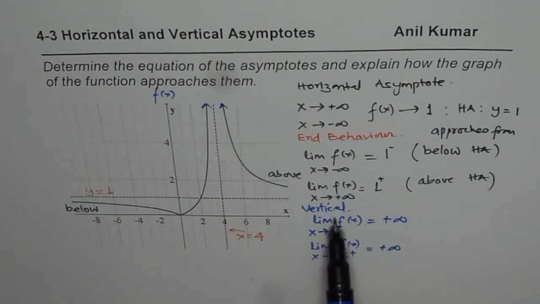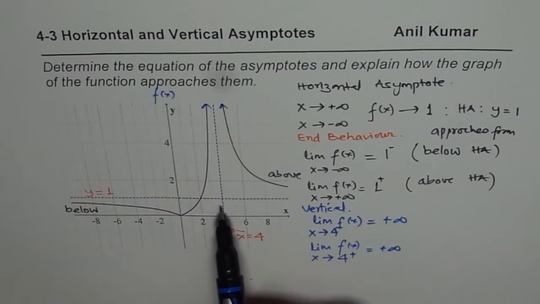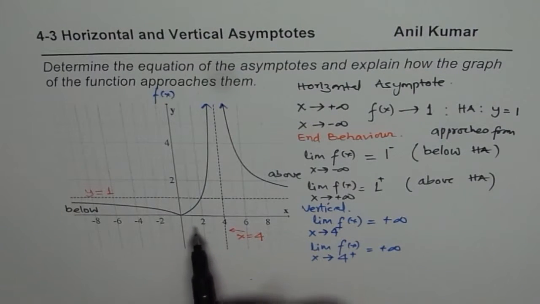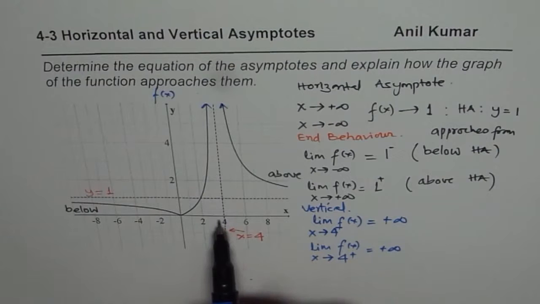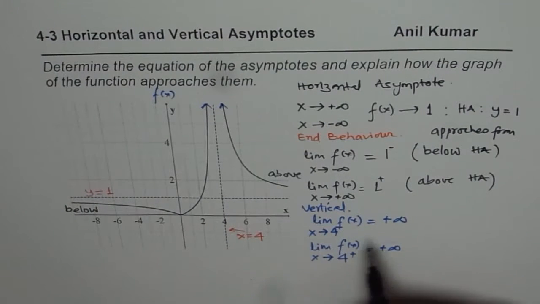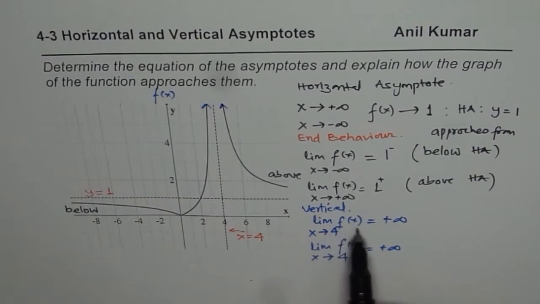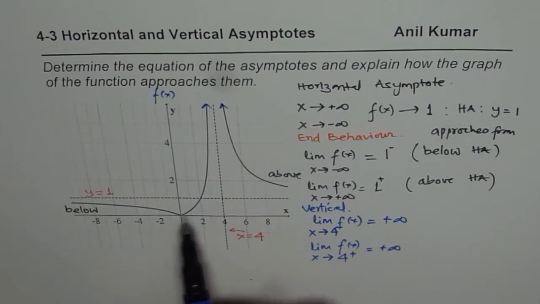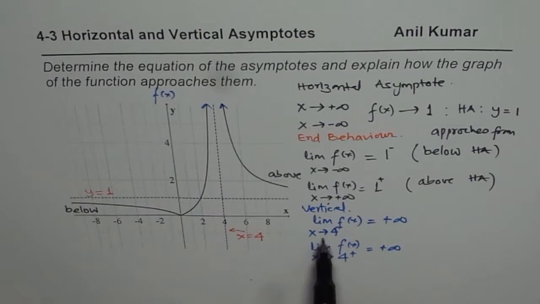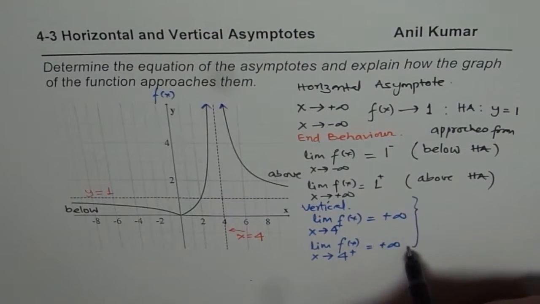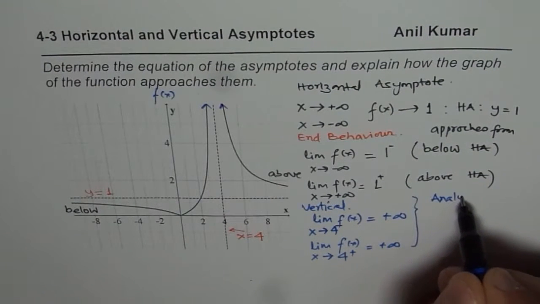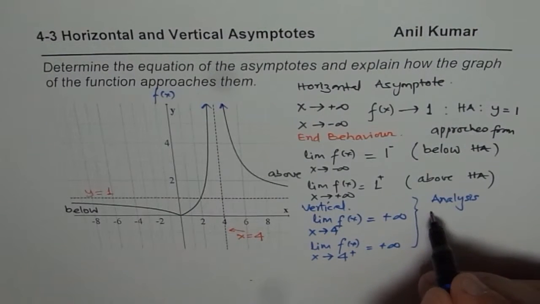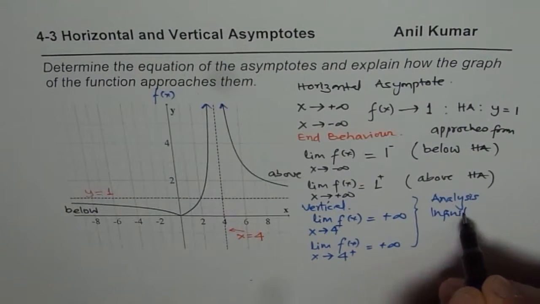So that makes it a vertical asymptote. A vertical asymptote is a vertical line which the function is trying to approach as you approach closer and closer to the x value of that, right? So that is what it is. Now, we have to describe what happens to the function's graph as we approach the vertical asymptote from left and right. So that is to say, infinite limits. This is called analysis of infinite limits.